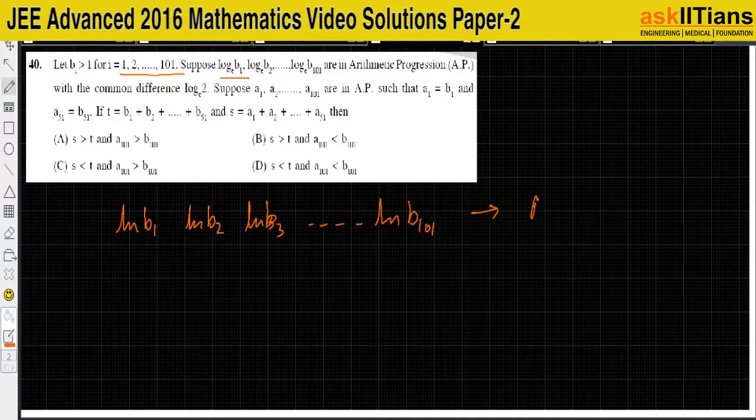This is an arithmetic progression. Now I know that if there is a series in log, if I take the anti-log of all this, then I'll get a geometric series, b1 to b101. So this will be a GP. If there is a GP and I take logarithm, I get an AP. So the reverse is, if there is an AP and I take anti-log, I'll get a GP.